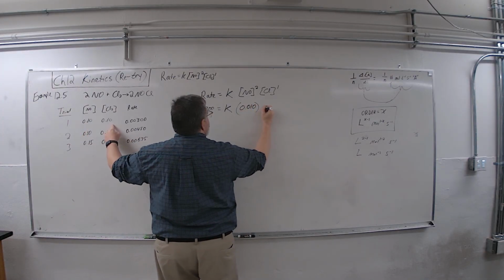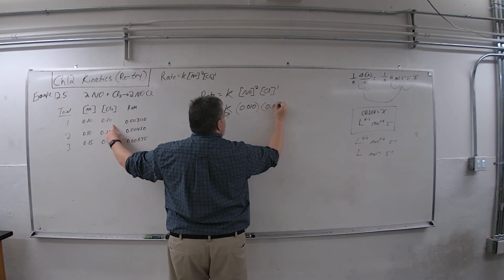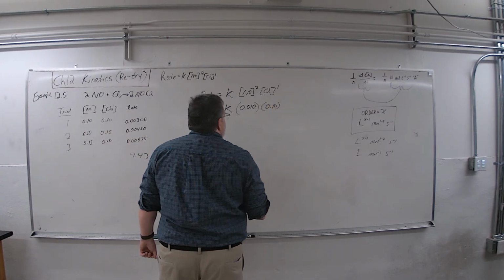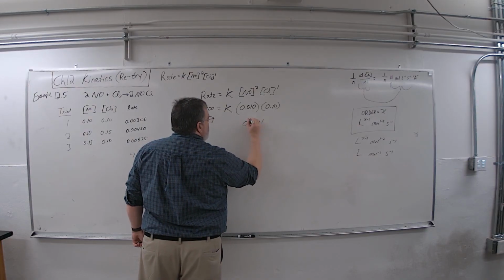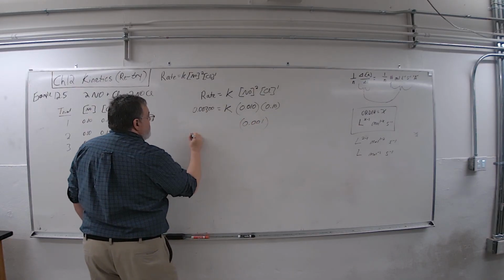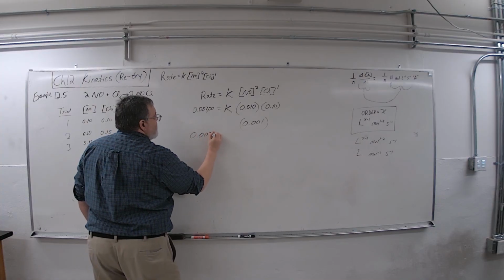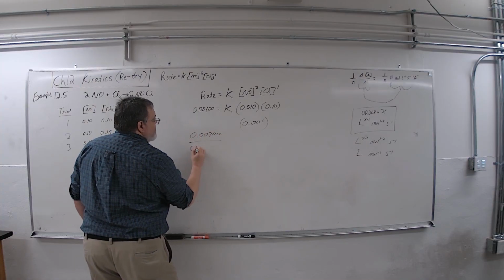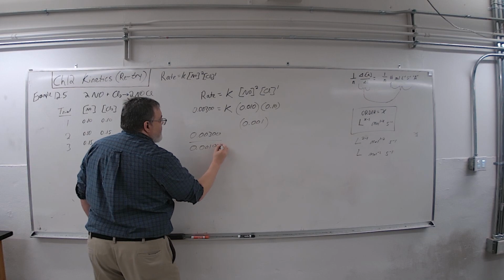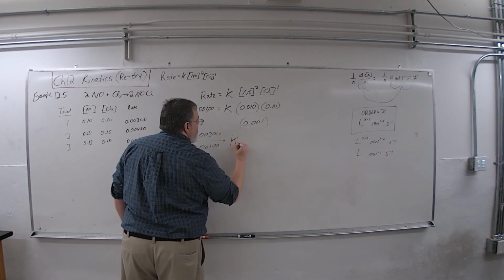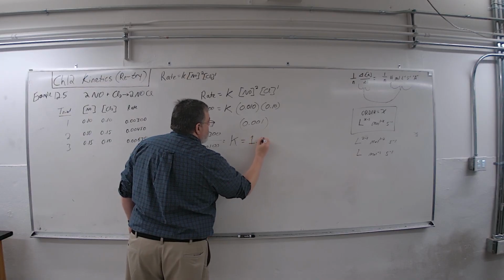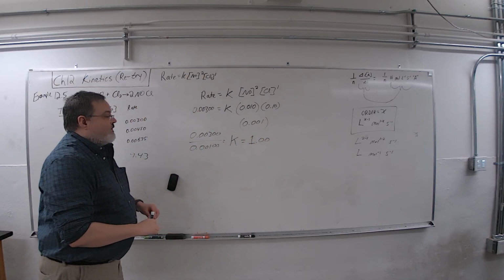And then the CL is 0.10, and now this times this, then we get 0.001. And then 0.00300 divided by 0.00100. I guess we're coming out to 1 for k.